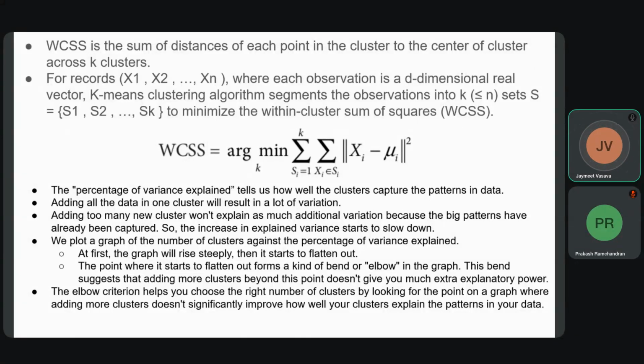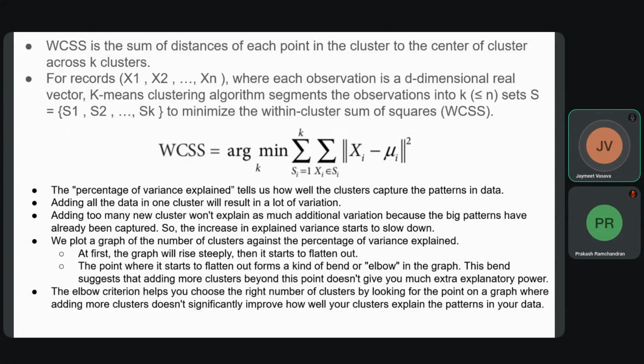So for the records x1 to xn, where each observation is a d-dimensional real vector, the k-means clustering algorithm segments the observations into k sets S1 to Sk to minimize the within cluster sum of squares.